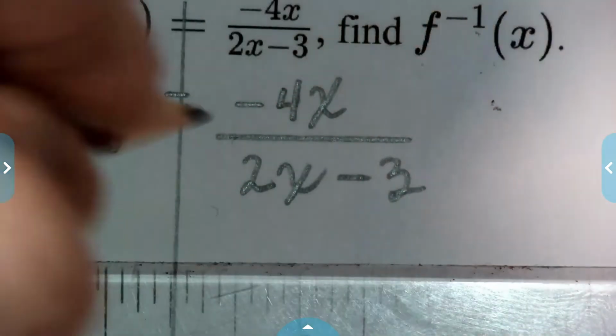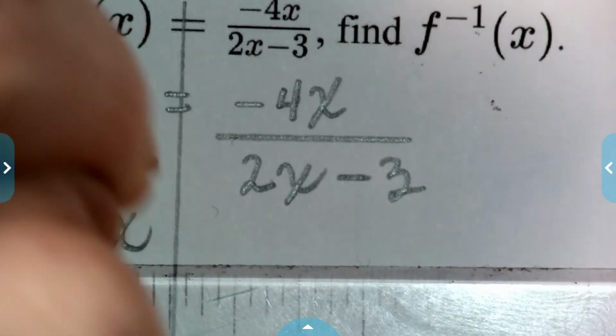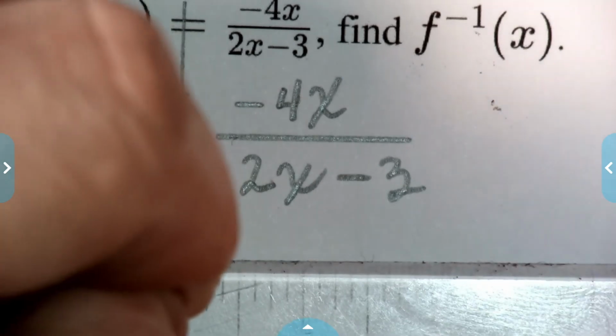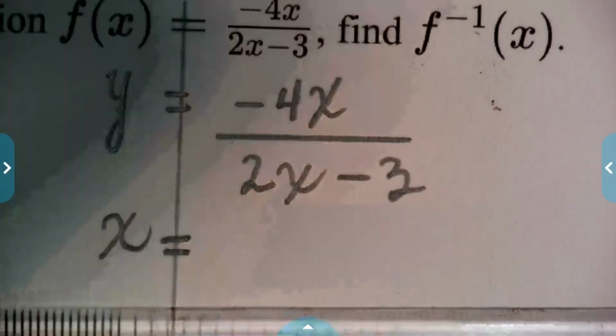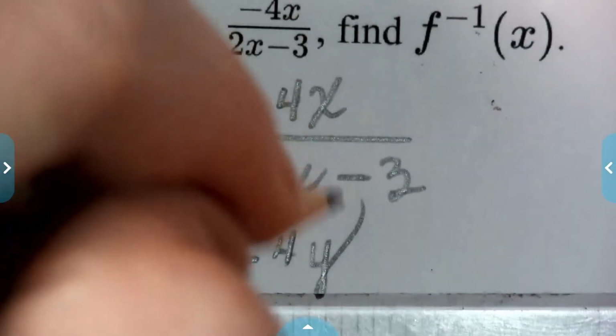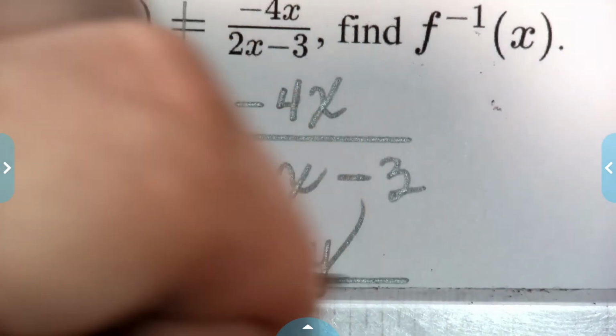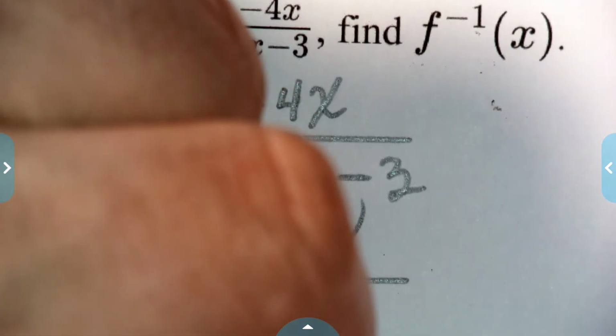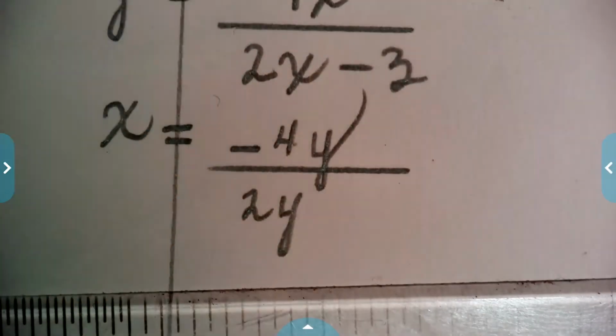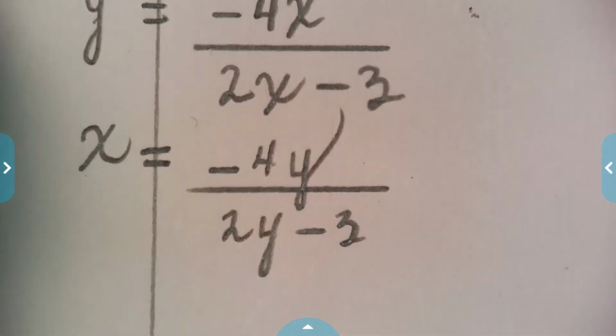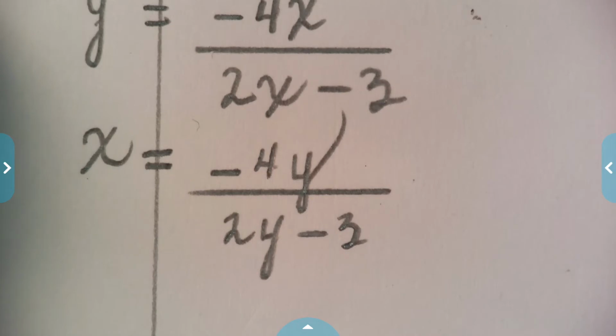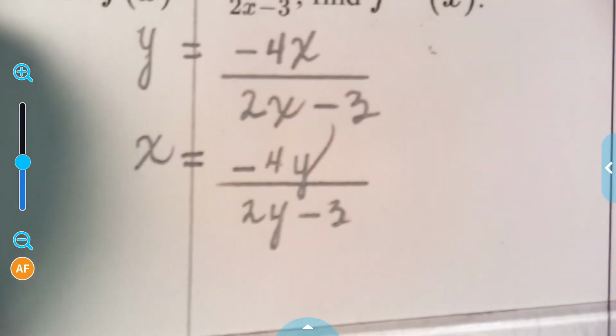Okay, so x equals negative 4y over 2y minus 3. Let me zoom out a little bit.